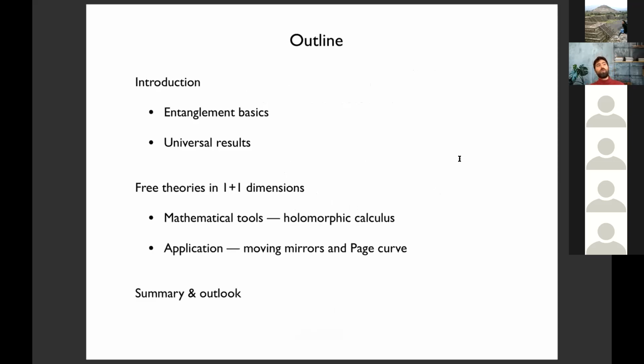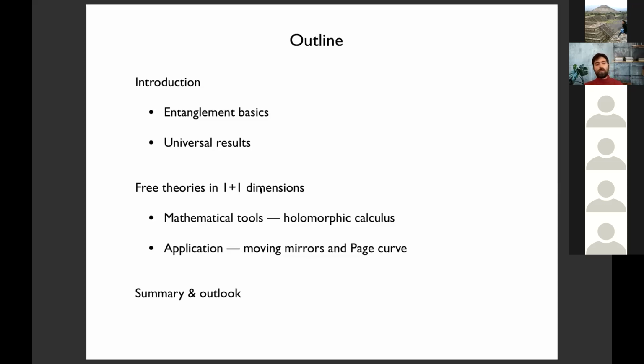And since we were asked to target the students as well as the researchers, we're going to start with a mostly review introduction, some very basics about the idea of entanglement in case someone is not familiar. And then we're going to review some very well-known universal results.